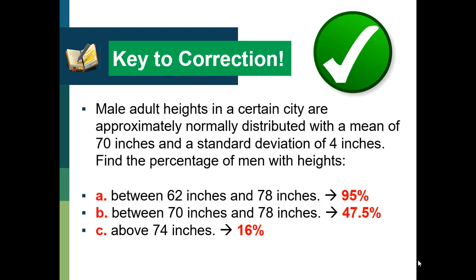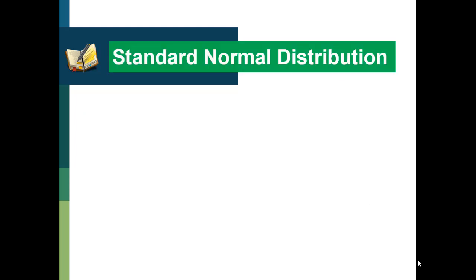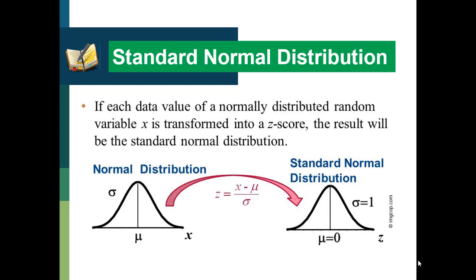Alright, so we can continue our lesson now. We'll be moving on to the standard normal distribution. If each data value of a normally distributed random variable x is transformed into a z-score, the result will be the standard normal distribution.